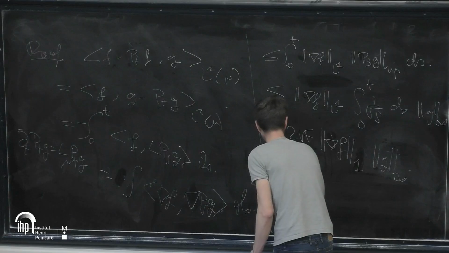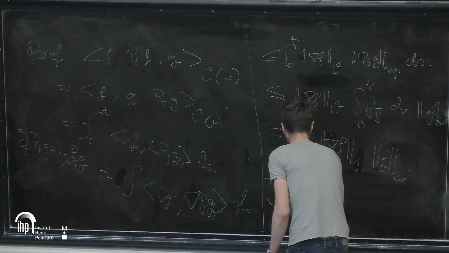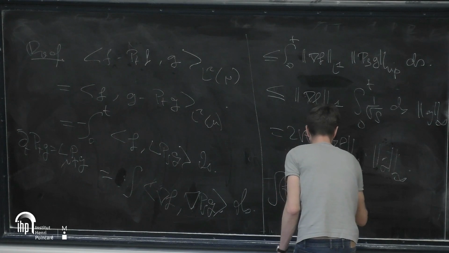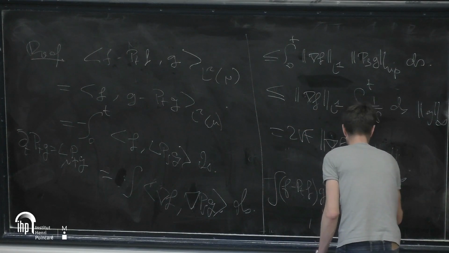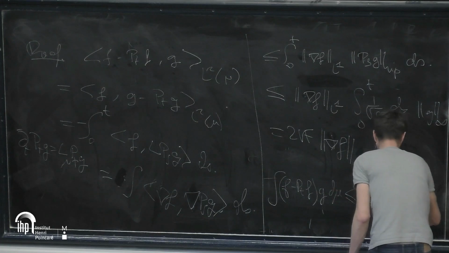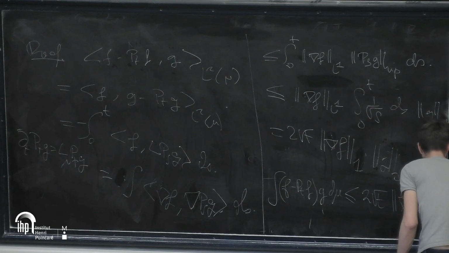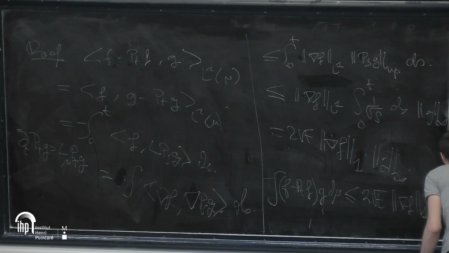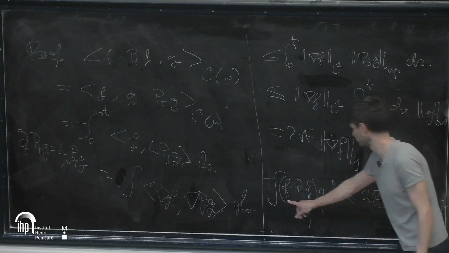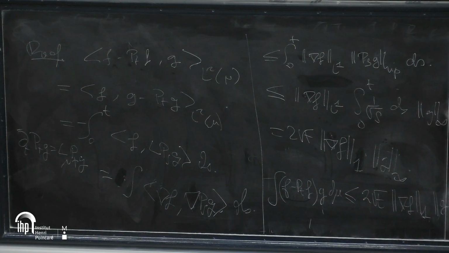You see, I obtain the integral of f minus PTF times g d mu is less than 2 square root 2 times the L1 norm of grad f times the L infinity norm of G. So this is a duality: if you apply this to G, that is the sign of this function, then you get the L1 norm. This is for every G.